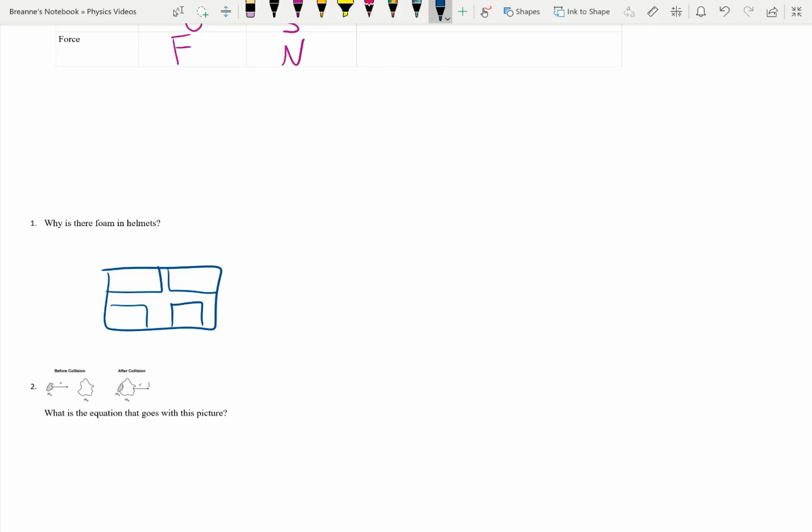So what happens to the foam when you squish it? If you grab your pillow and squish the pillow, when you squish it, it gets smaller, and when you release it, it gets bigger. You have that movement there. So basically, what the foam does, it absorbs energy.